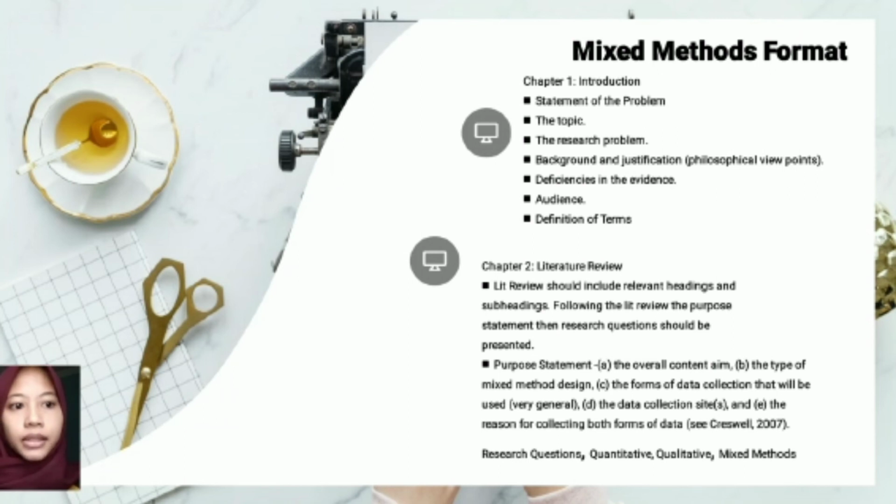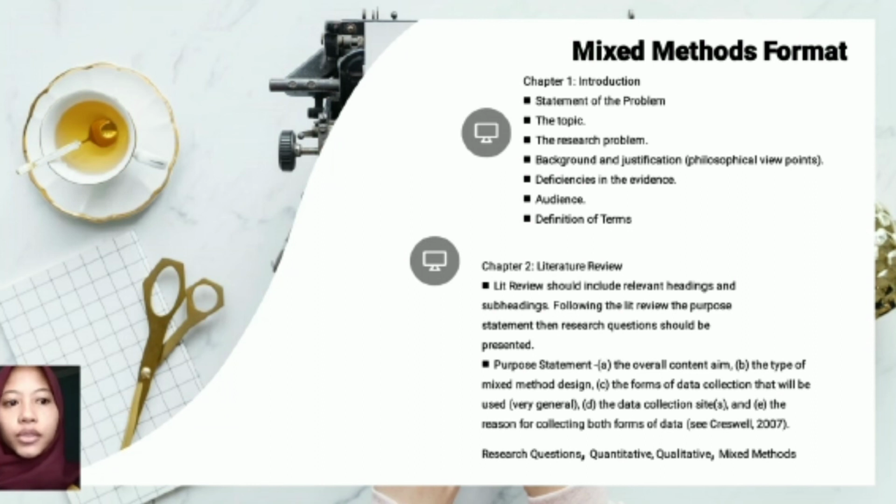In the purpose statement, the first point is the overall content aim, and then the type of mixed methods design that is used, the forms of data collection that will be used, the data collection site, and the reason for collecting both forms of data.